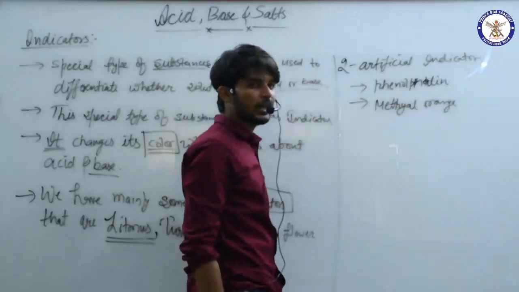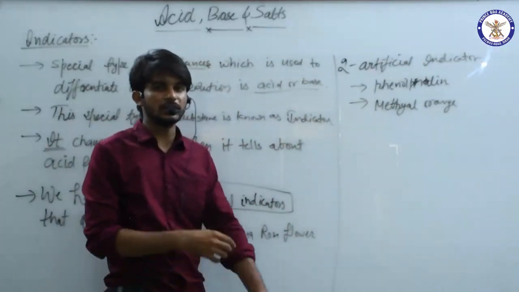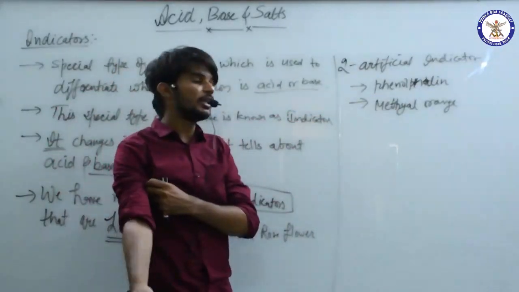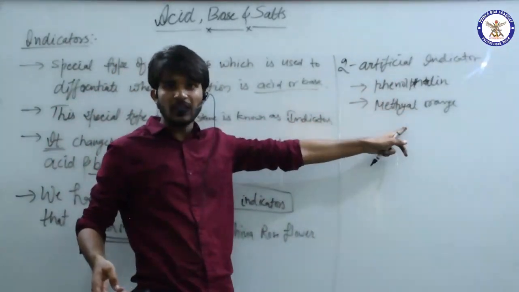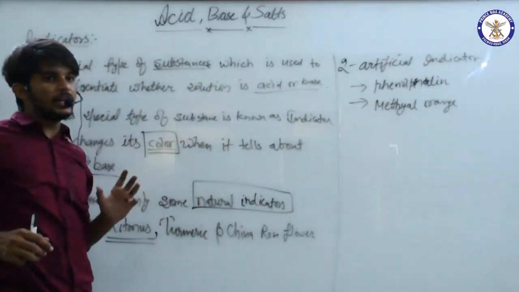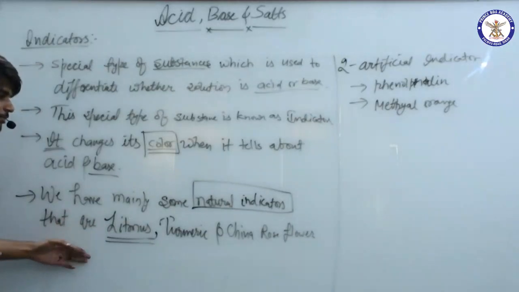Students from a science background who did their 11th class in science might have done a practical, titration, where they use phenolphthalein, and methyl orange is also a kind of powder. So these two are artificial indicators and these three are natural.